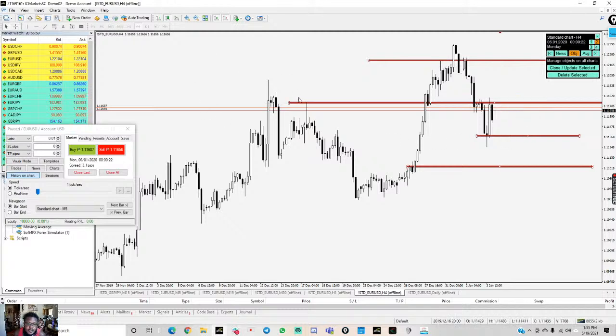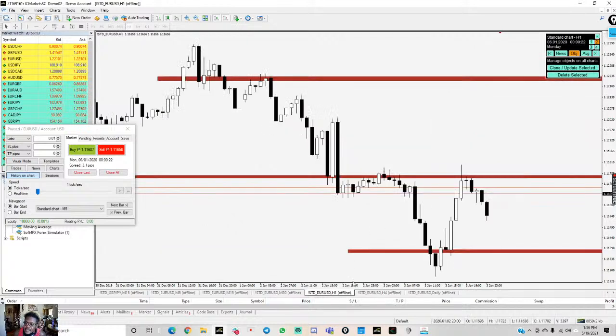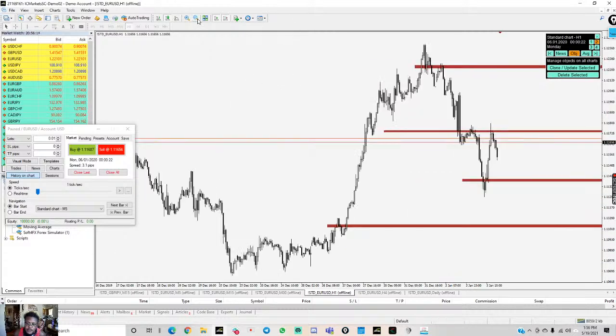Alright, so what I'm gonna do now is to move over, just making these zones a bit cleaner. So I'm gonna move over to my 1-hour time frame, and again I will just identify my zones on the 1-hour time frame just the same.